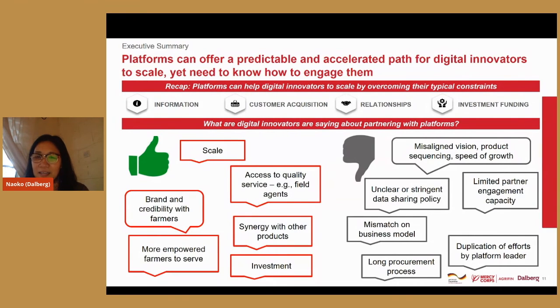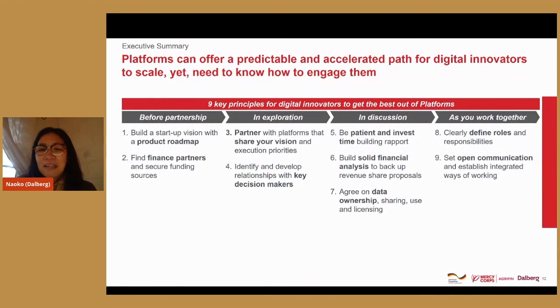And then finally, in occasional cases, we've seen a duplication of effort by the platform leader and some being kicked out from the platform. So clearly there is an advantage of going with the big platform. However, as I say on the next page, tech innovators need to know how to engage the platform.